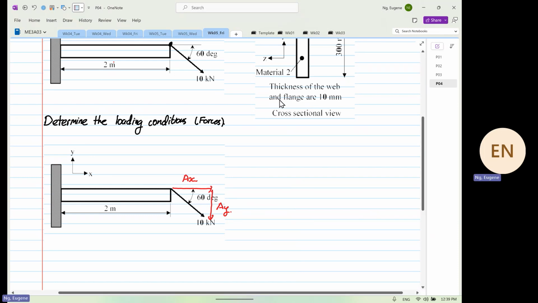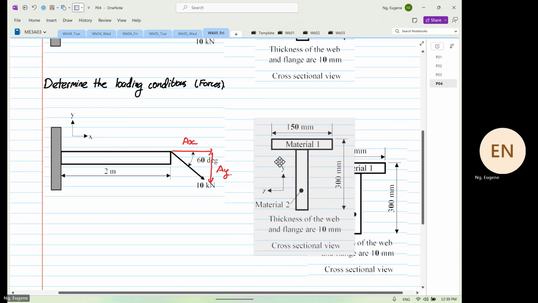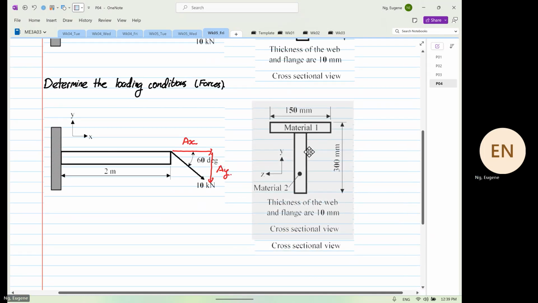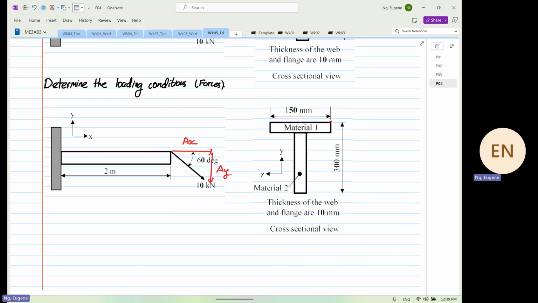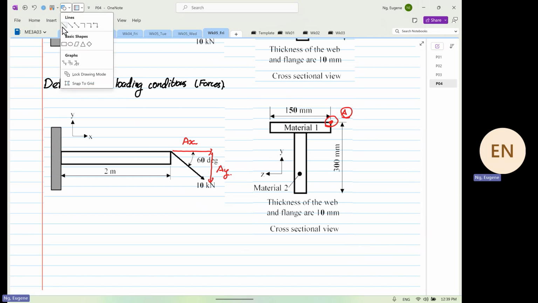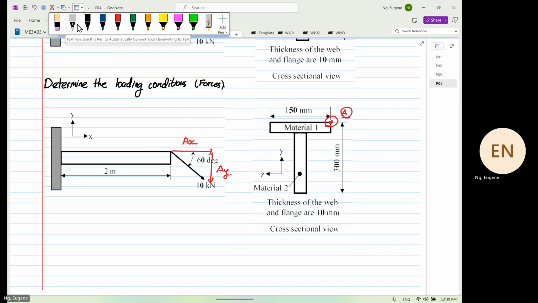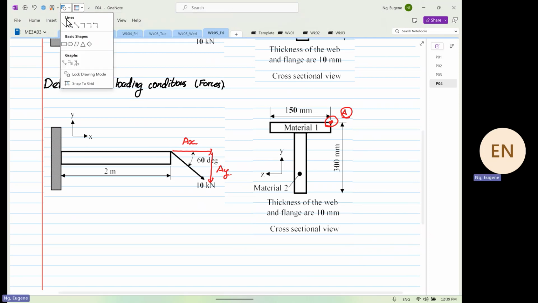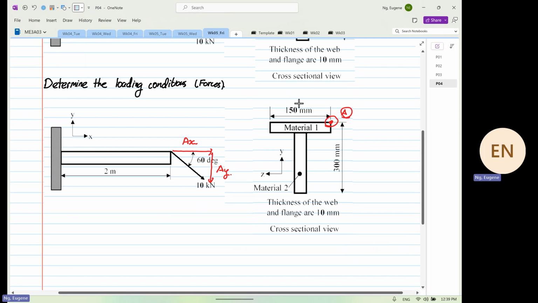If we look at the cross-sectional view, we have point A down here. And at point A, the arrow is coming towards our face. In the cross-sectional view, we sketch the position of our neutral axis. Sorry, wrong word, centroid. We sketch our centroid.